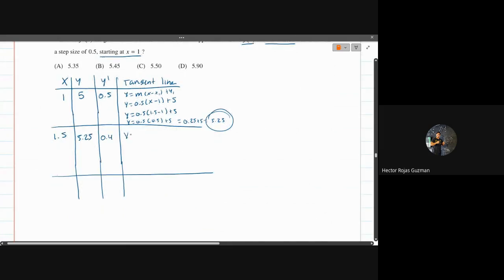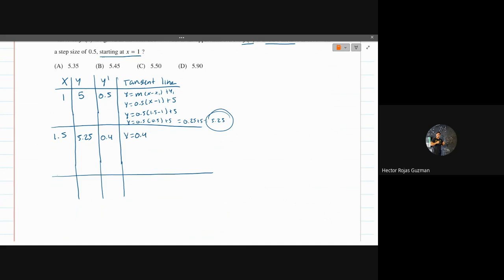So once again, we make our tangent line: y equals m times x minus x1 plus y1. Notice how I'm using the new information now. I'm not using the old information. We're working with the current point and the current slope. And with this tangent line, we're going to approximate the y value of the next x value, which is 2.